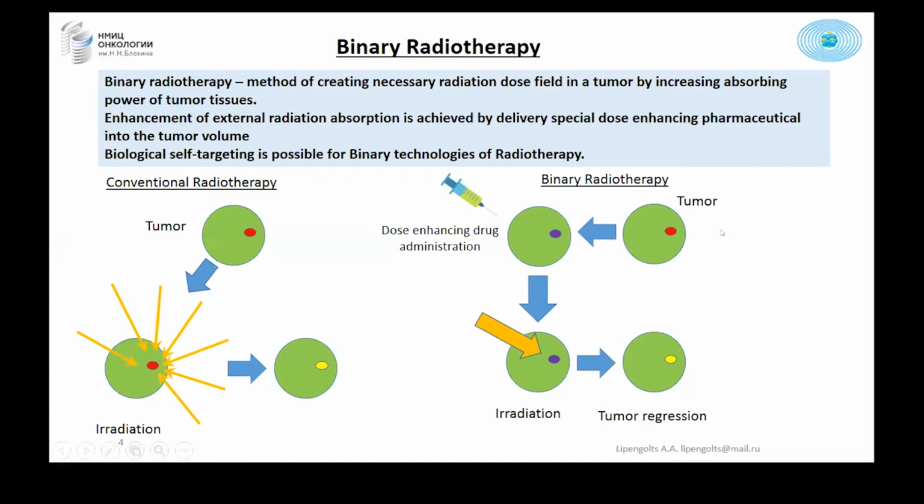For binary radiotherapy, the strategy of its application for curing cancer can be expressed in this way. If we have a patient with a tumor, we can administer a specific pharmaceutical. It's specifically accumulated within the tumor volume. Then this area is irradiated with a single fraction from 1 or 2 directions with external radiation, and a local absorbed dose is delivered within the tumor, and we have tumor regression.